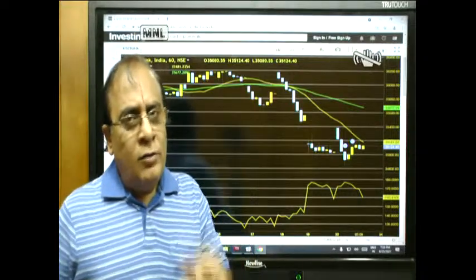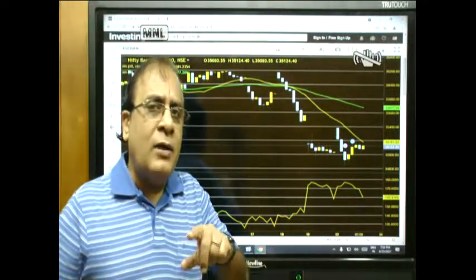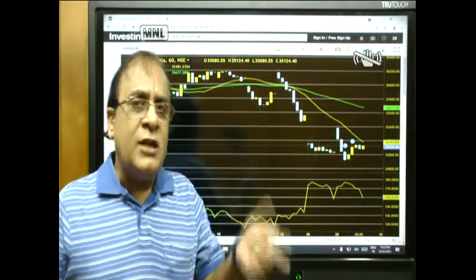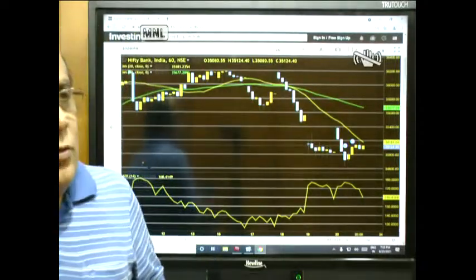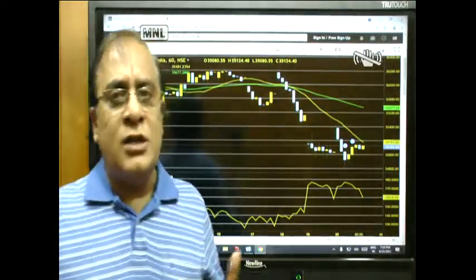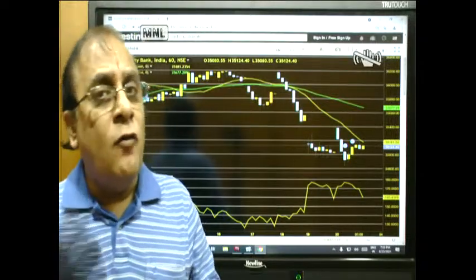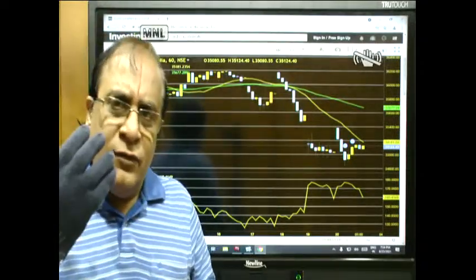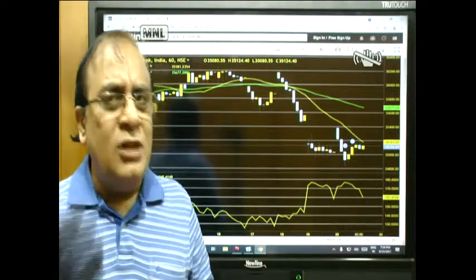So when you have to trade crude, because it's a 24-hour market, it is better to consider a different time frame than what you consider for Nifty or Bank Nifty. Generally, if you look at forex markets, international currencies, crude and gold, they normally look at a 4-hour chart to get better clarity, because if you see the chart yourself, you will know that the hourly chart and 15-minute chart are really choppy there.